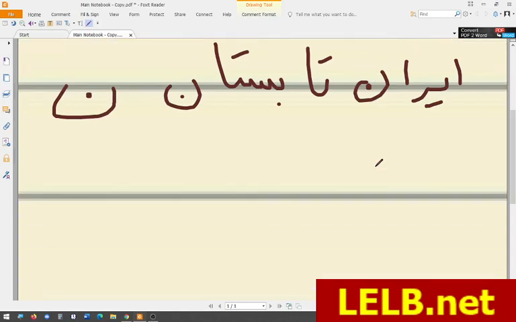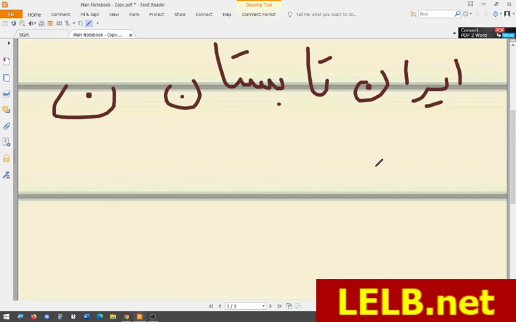It's very important for English speakers to pay attention to this point that in English we have two types of actually V sound. One of them is W, which is not V exactly. It's actually bilabial. It means just two lips are involved in the articulation of the sound. So it's bilabial.